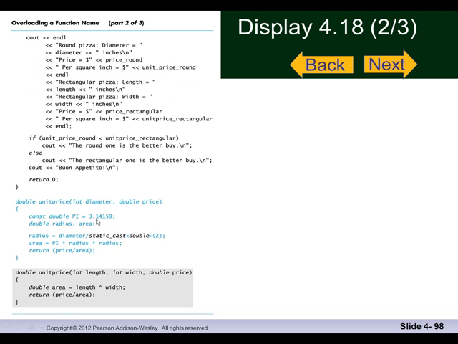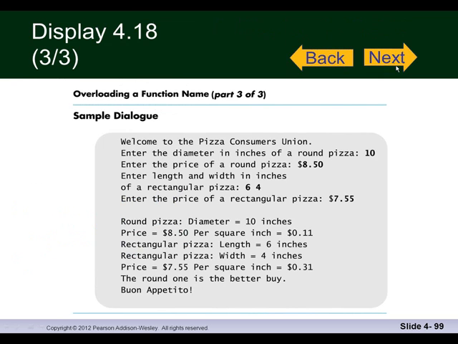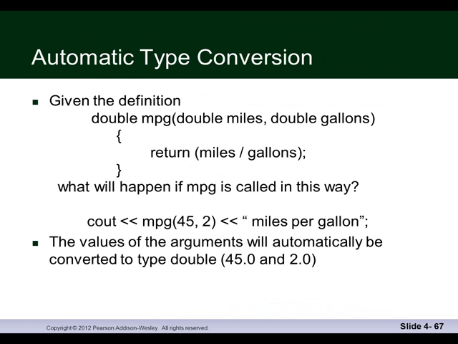And of course the definition of them. So if I only have 2 parameters and it is expecting a double, it will use the integer and promote it to double.